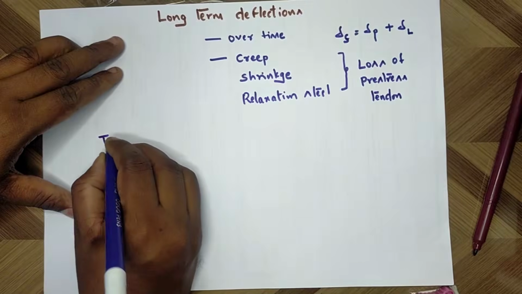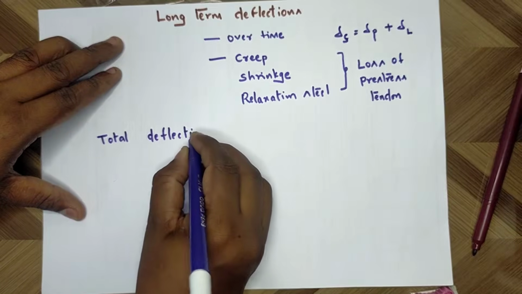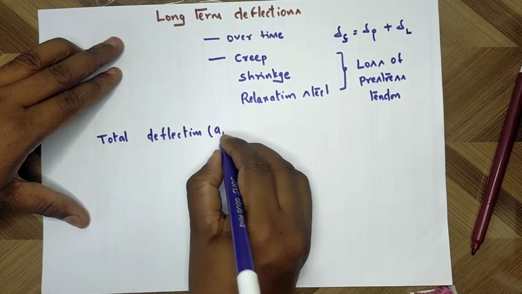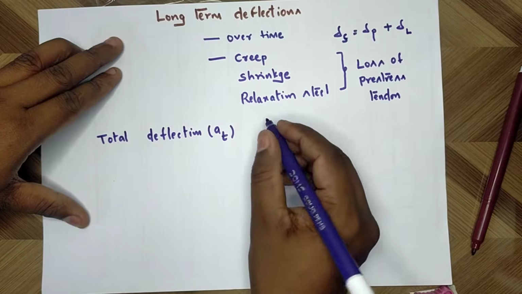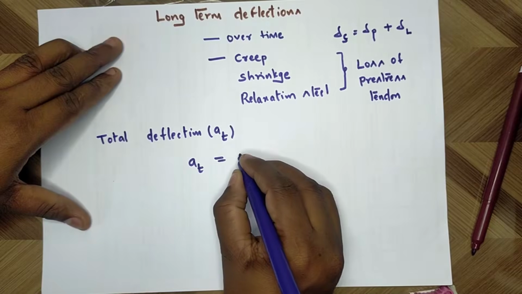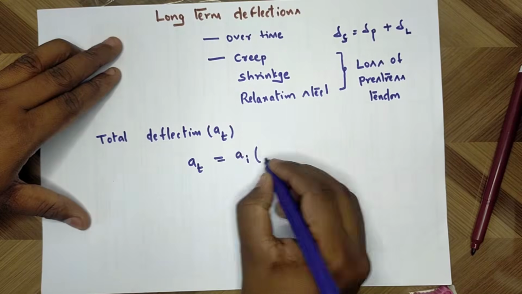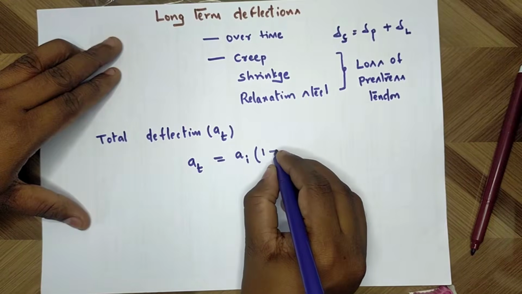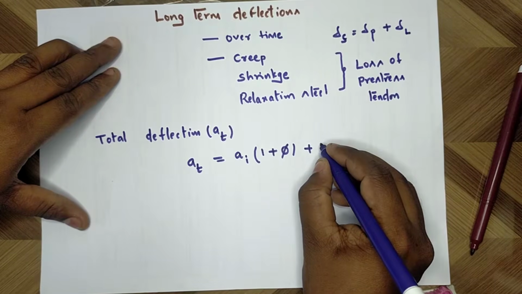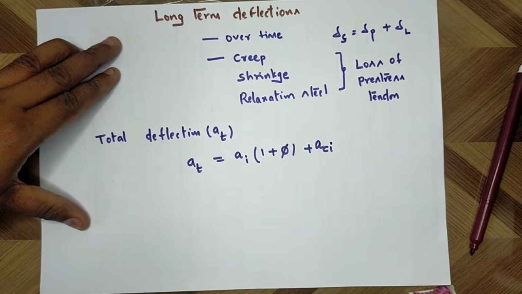If you want to determine the total long-term deflection, I am denoting it with AT. AT is equal to initial deflection multiplied by 1 plus phi, plus deflection due to shrinkage of concrete.